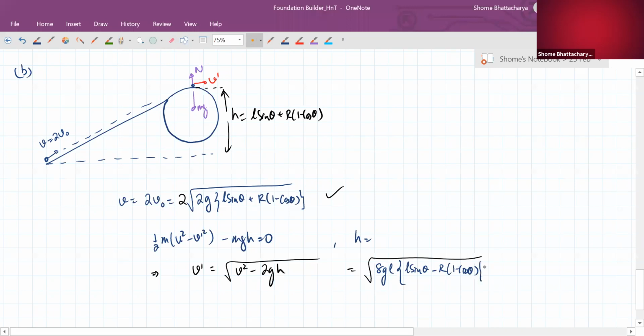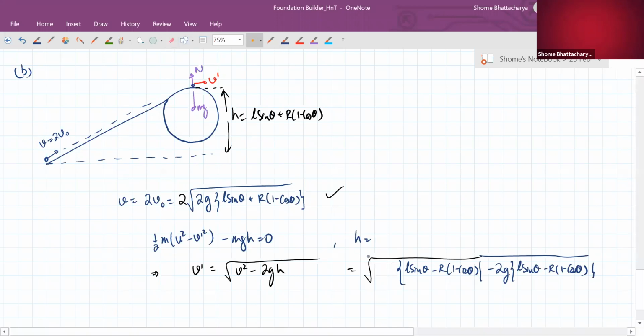Minus 2gh, so that is minus 2g into the same term.